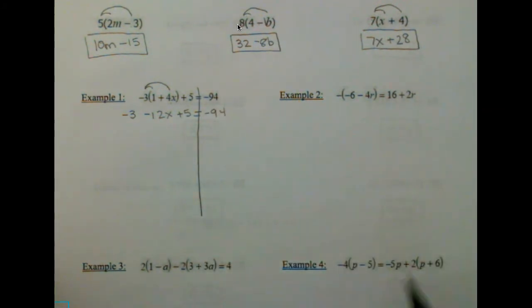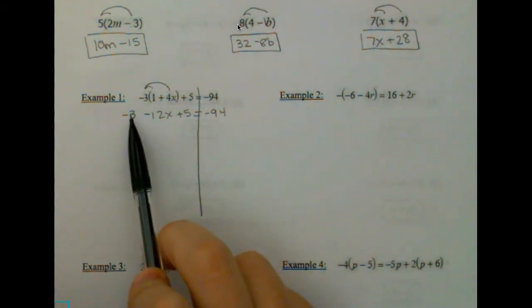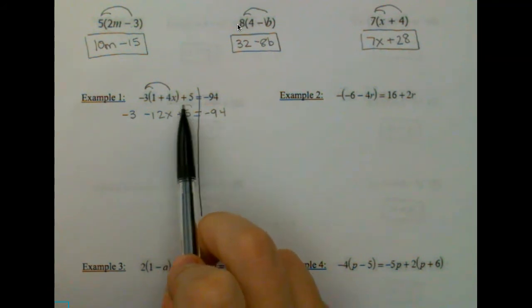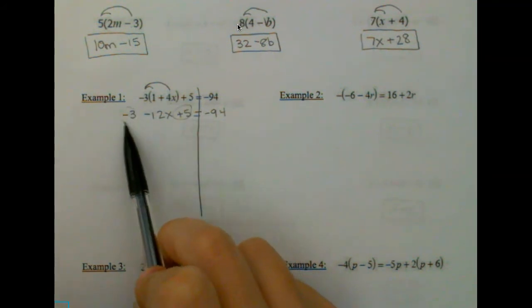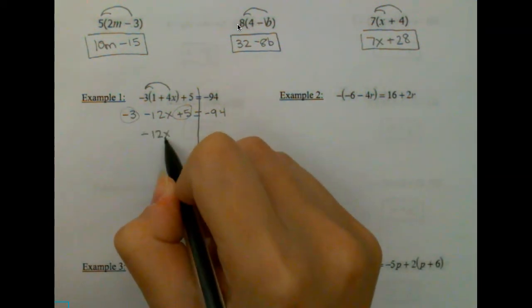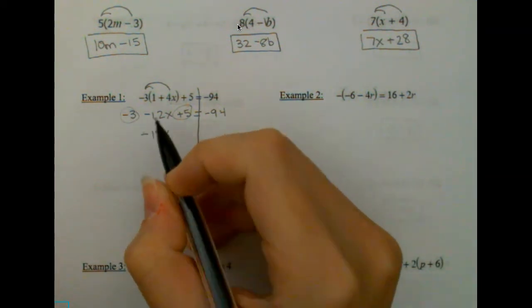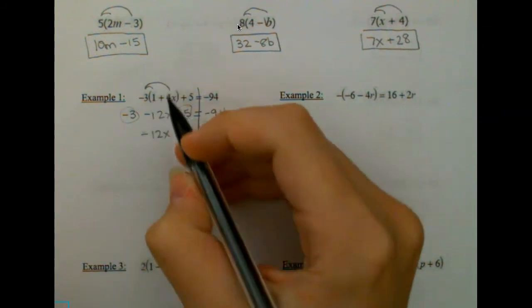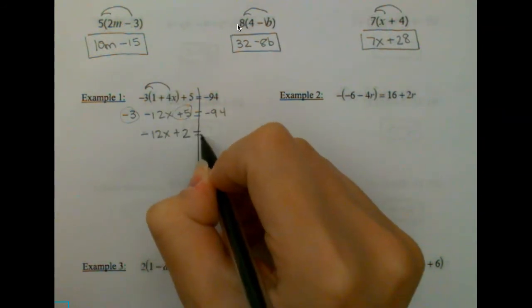Okay. Now this looks like an equation like we did in 2.3. Now I can look at my left side and combine like terms. The number 5 and the number negative 3 can be combined. So I'm going to bring down that negative 12x, and I'm going to combine the 5 and negative 3 to give me a positive 2.